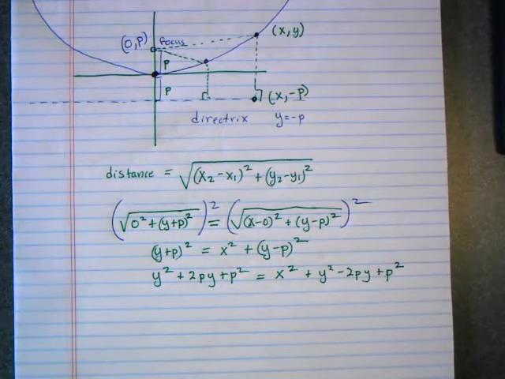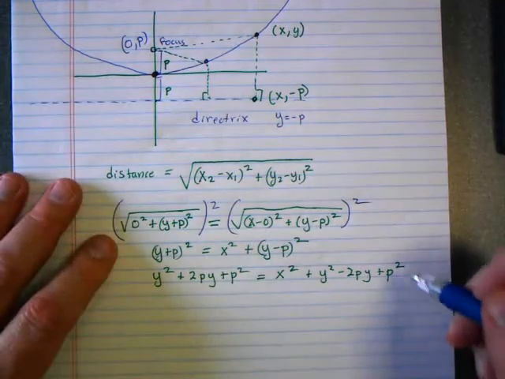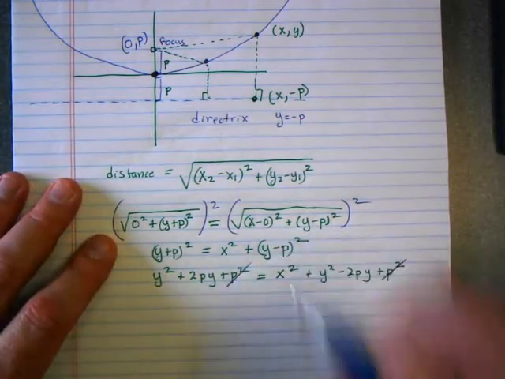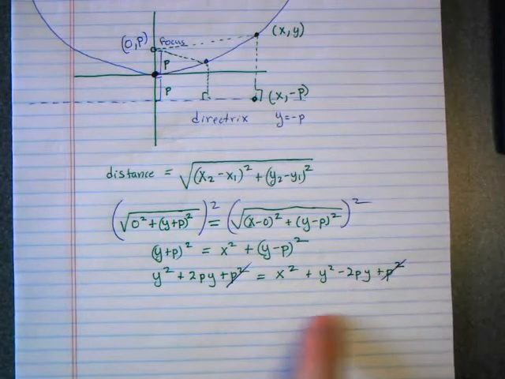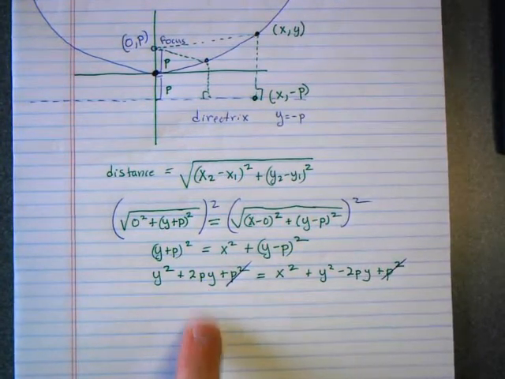And then some really nice things happen. What are the really nice things that happen? If I subtract p squared on both sides, they're going to add up to 0. I can add the 2py over here. What about the y squareds?